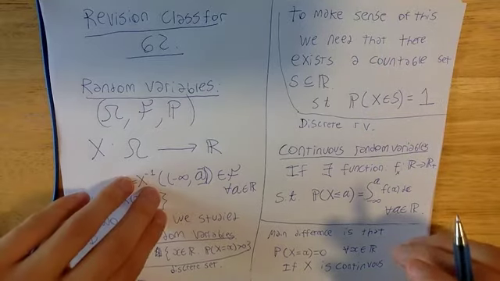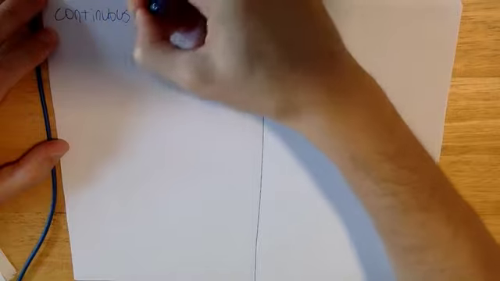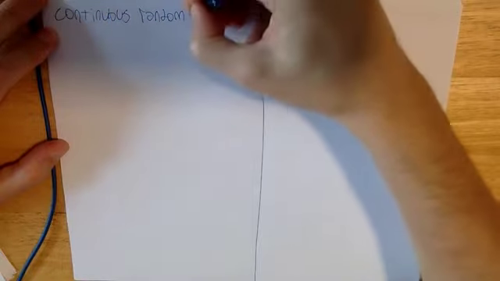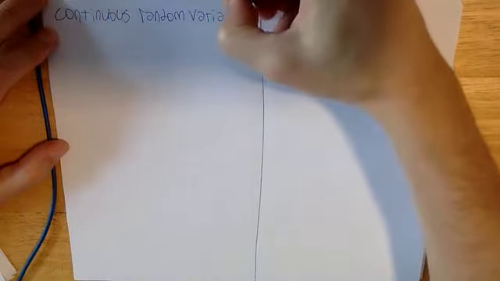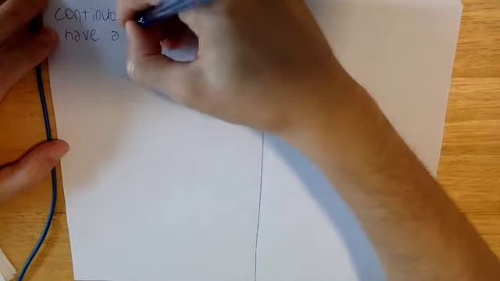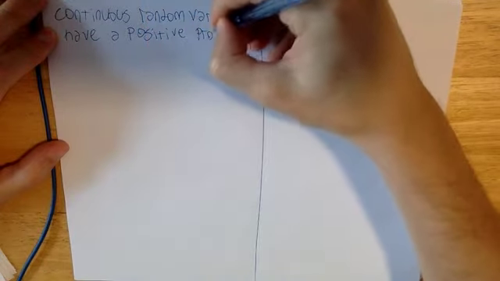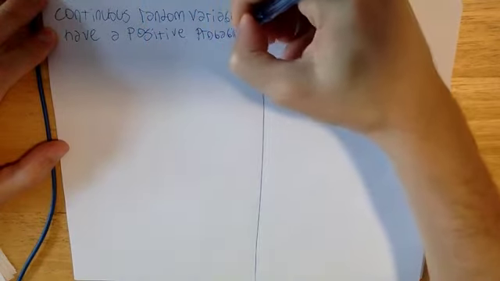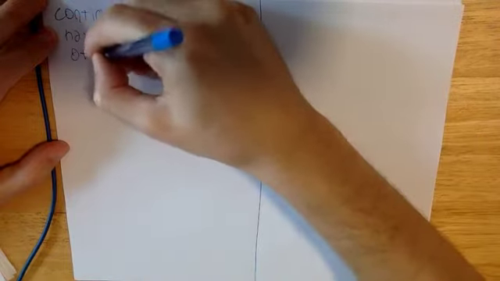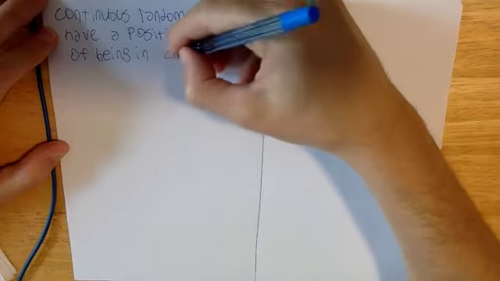Continuous random variables have positive probability of being in certain intervals.